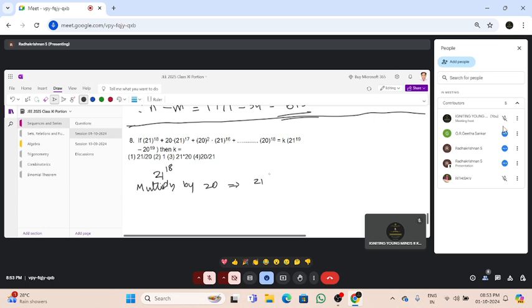It becomes 21 to the power of 18 into 20. Then divide by 21, that becomes 21 to the power of 18 into 20 divided by 21, which is 21 to the power of 17. So there is a multiplication by 20 and then division by 21. The same happens for the next term: multiplying by 20 gives 20 square, and dividing by 21 gives 21 to the power of 16.